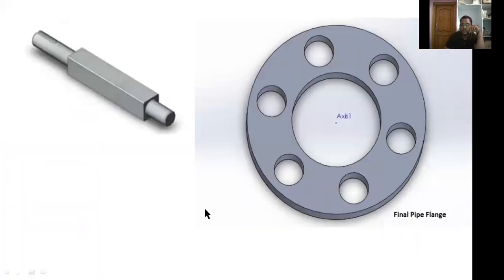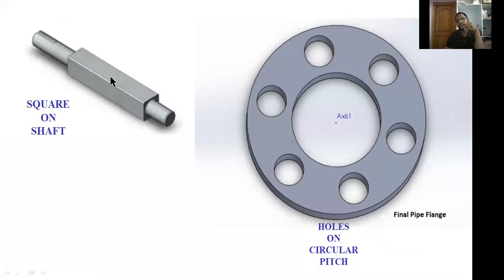Now, this is the example for square on shaft. This circular line represents shaft. This square position represents square on shaft. How to represent this diagram? Now this is holes on circular pitch.